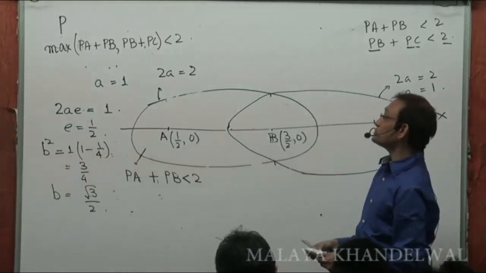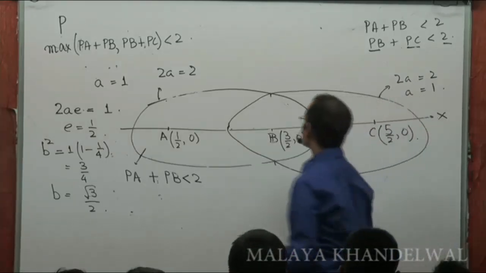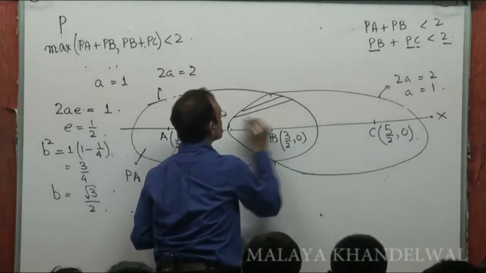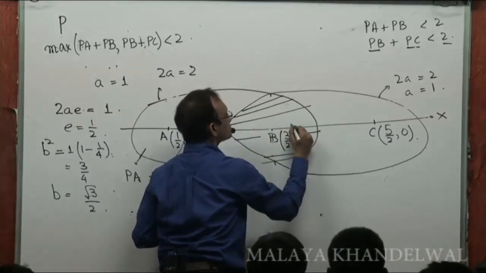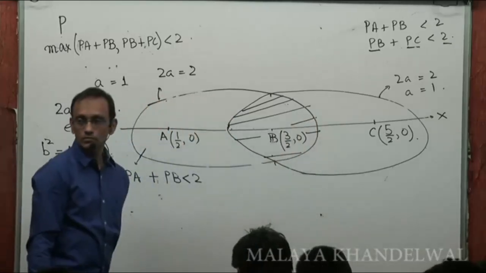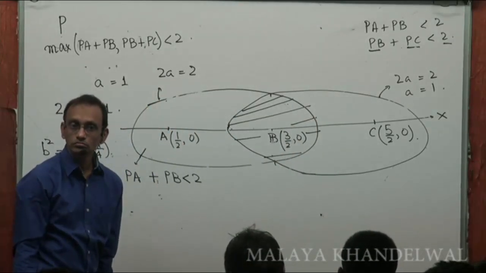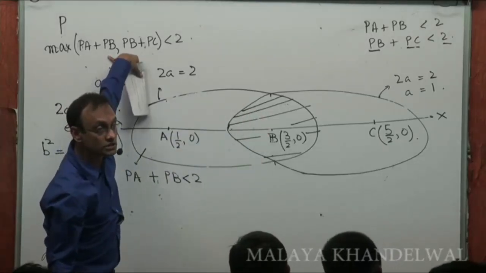The area of the region P, do you realize is this region? Is this region? That's the region? Yes or no? This is the required region for this condition, isn't it?